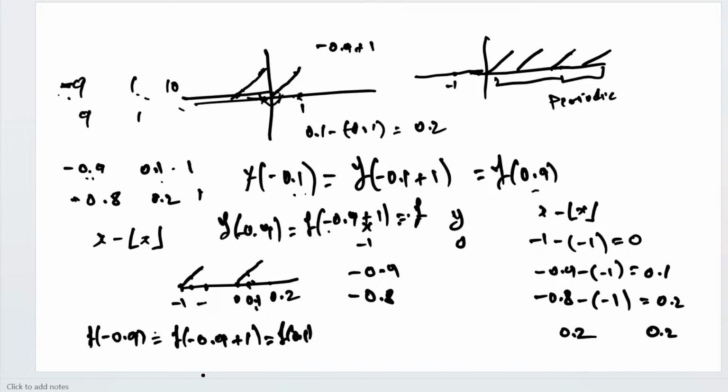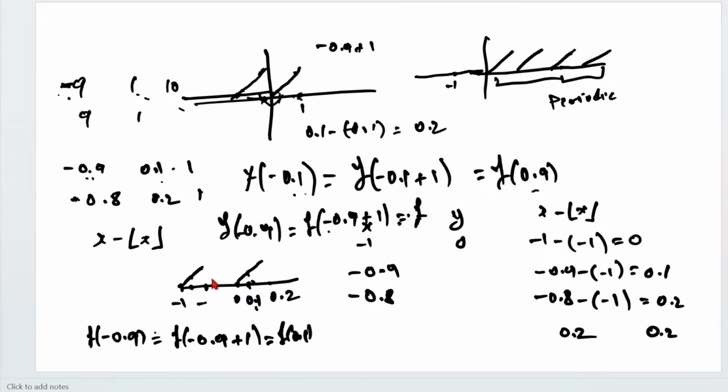Right? So similarly, you tell me, what is f of minus 0.8? This is the same statement. f of minus 0.8 is equal to f of minus 0.8 plus 1, which is equal to f of 0.2. Right? Tell me again with f of minus 0.7.